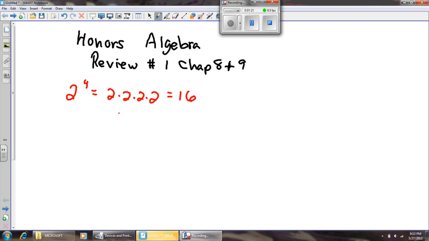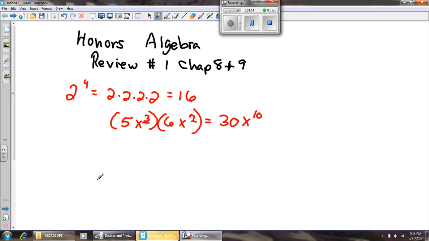When I have a problem like 5x to the 3rd times 6x to the 7th, well, 5 times 6 is 30. X to the 3rd times x to the 7th, well, there's 3 x's being multiplied together. There's 7 x's being multiplied together. So there must be 10 x's being multiplied together. All right, the shortcut is 3 plus 7 is 10, right?